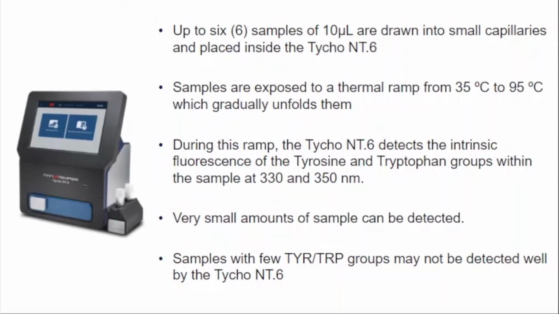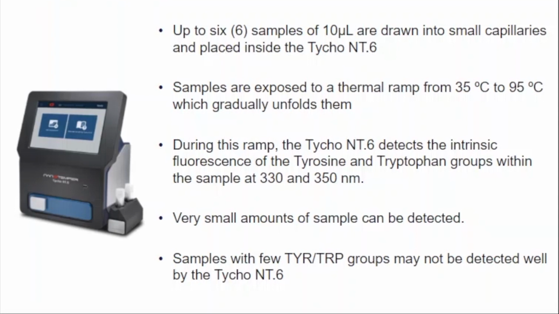While this ramp is happening, the Tycho detects the intrinsic fluorescence of the tyrosine and tryptophan groups within those samples at 330 and 350 nanometers. The Tycho is very, very sensitive. It can detect really small amounts of sample, which I'll detail later in my presentation.